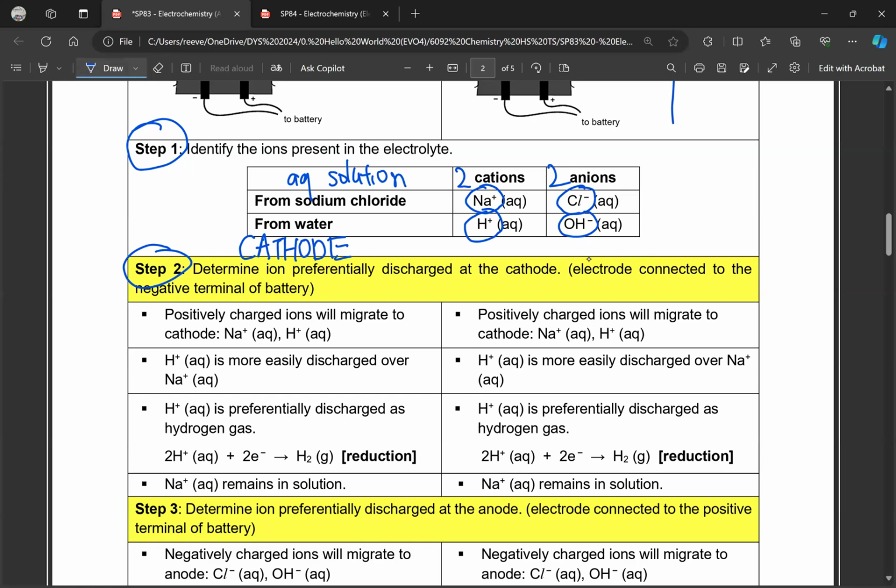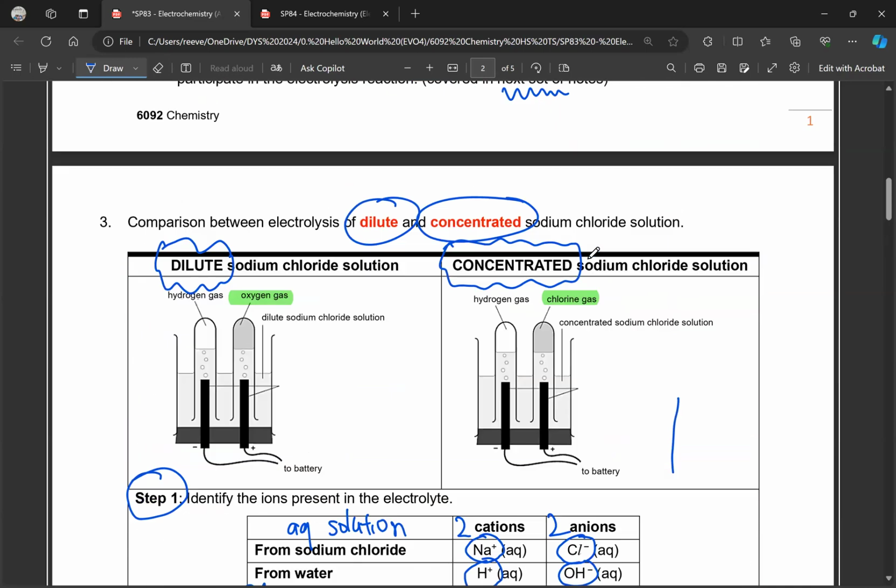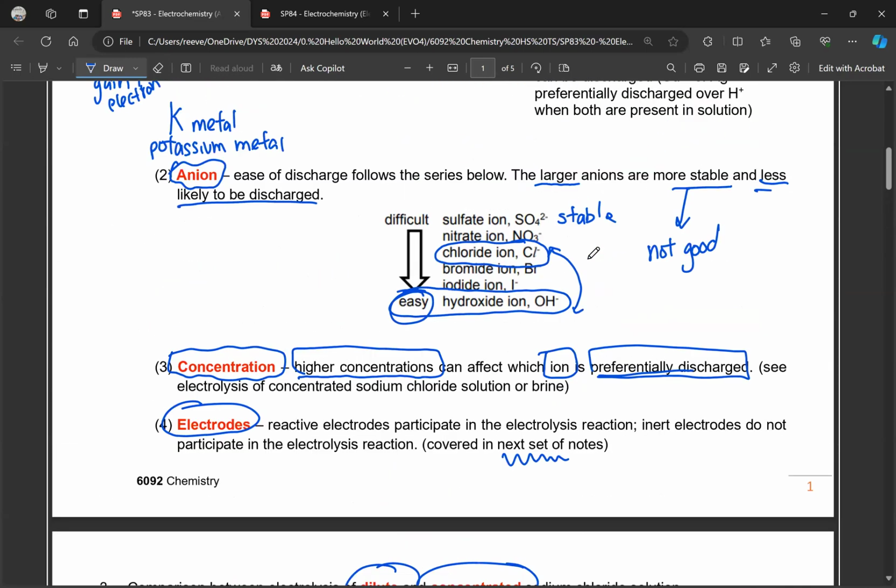This one is for dilute, and this one is for concentrated. So this is the difference. Both are at the cathode, but I'm trying to see what happens at the cathode, one for the dilute, one for the concentrated. First of all, if you are looking at cations, we look at this thing. Point number one, this one.